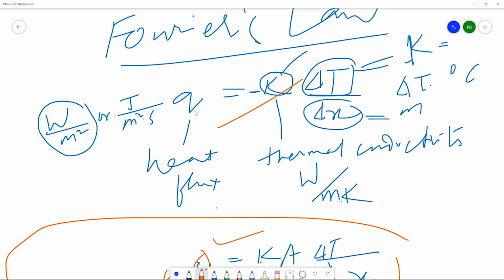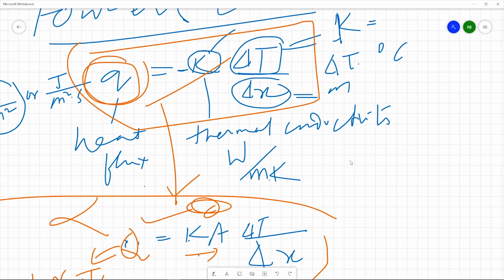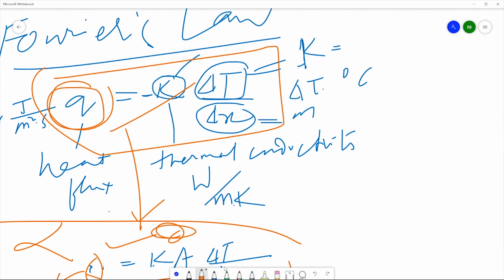Fourier's law is basically given in terms of the heat flux. So this is Fourier's law, not this one. This one is a derivation from this one only. This Fourier's law was for delta x, so in one direction, that is the x direction.